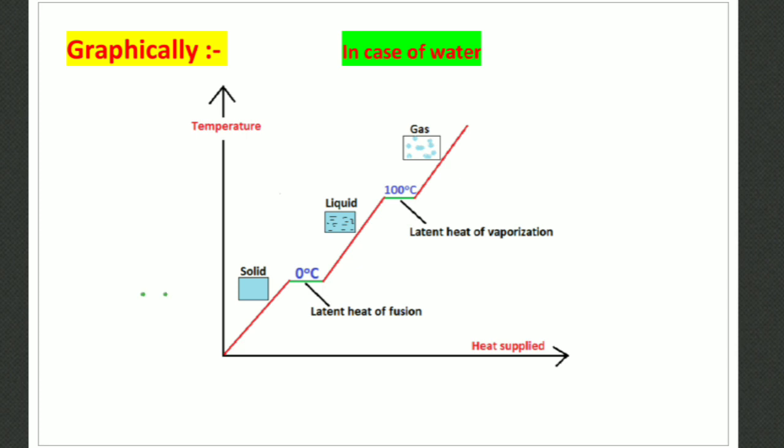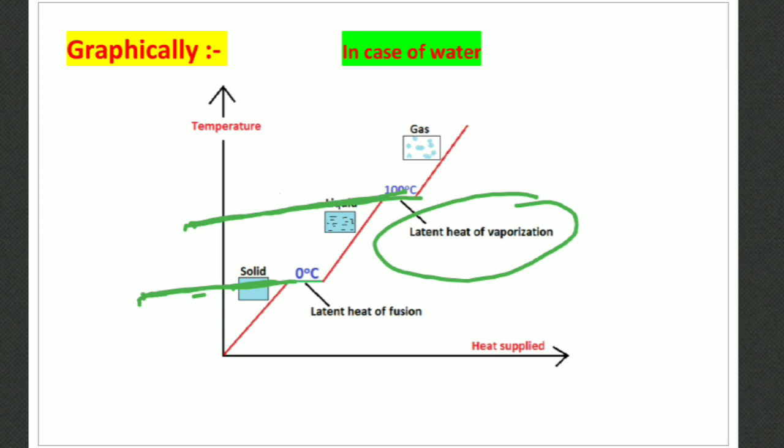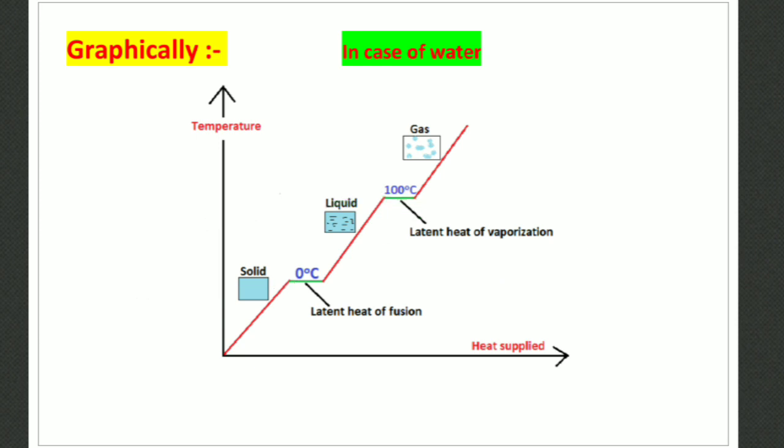Now in this case, for the latent heat of fusion, the temperature is fixed, which is 0 degrees Celsius. And again, for the latent heat of vaporization, the temperature of 100 degrees Celsius is shown here in the case of water.